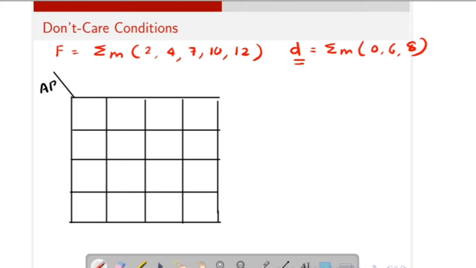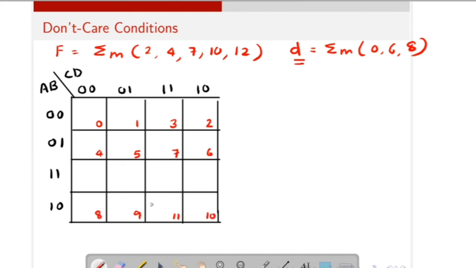Here it is AB and CD, with 00, 01, 11, 10 along both axes. Then we can write the decimal equivalents 0, 1, 2, 3, 4, 5, 6, 7, then 8, 9, 10, 11, then 12, 13, 14, 15.